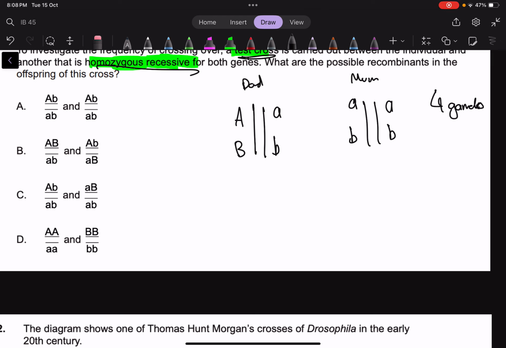So dad is going to produce 4 and mum is going to produce 4 gametes, and then those combine to form a zygote, which is going to be these kids here.